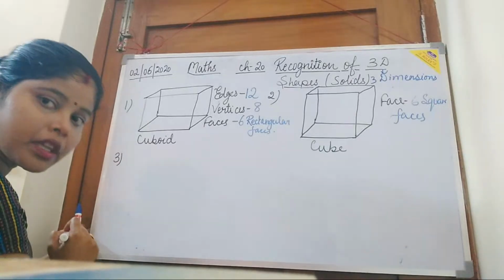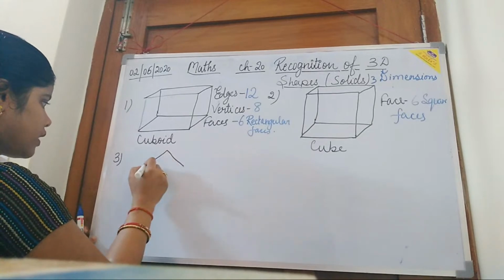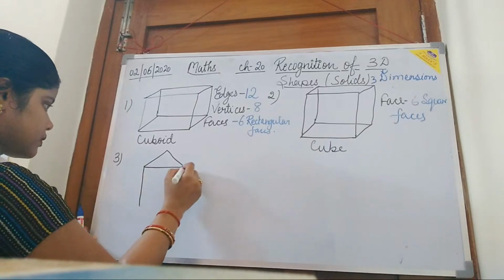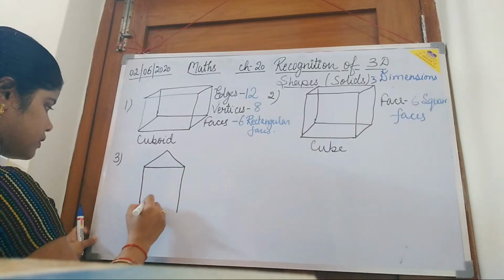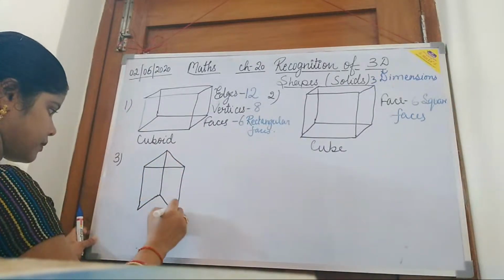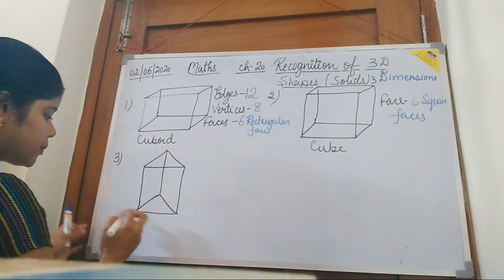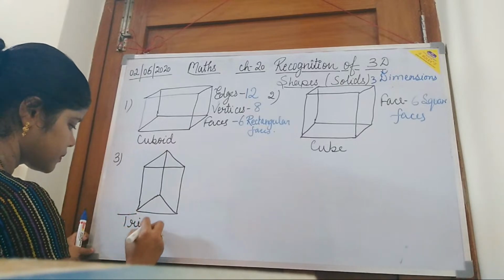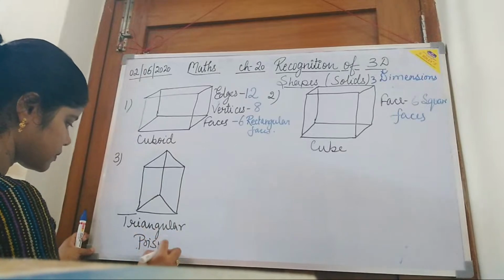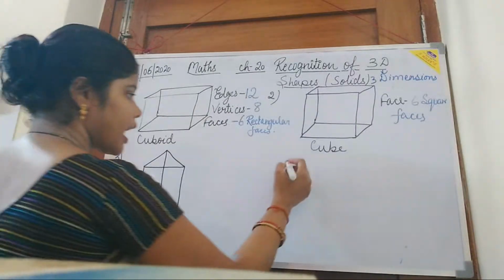Here we discussed about this one as a triangular prism. First one triangular prism, and the other one hexagonal prism.